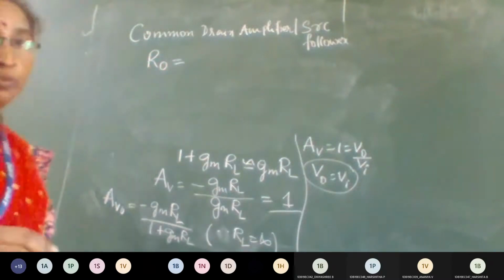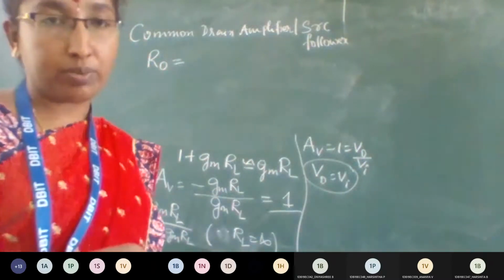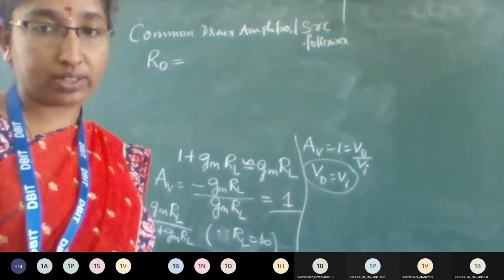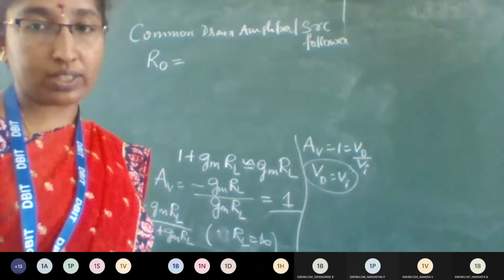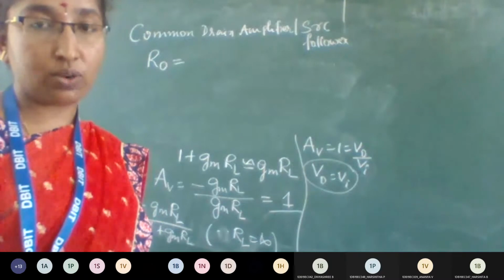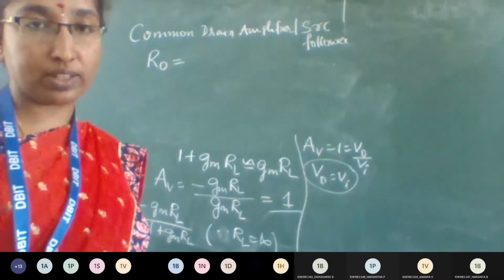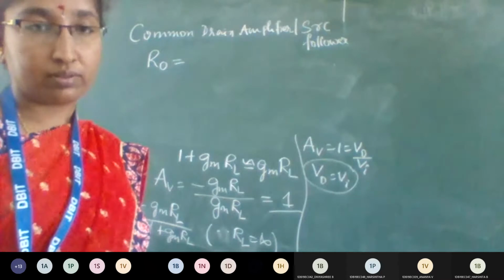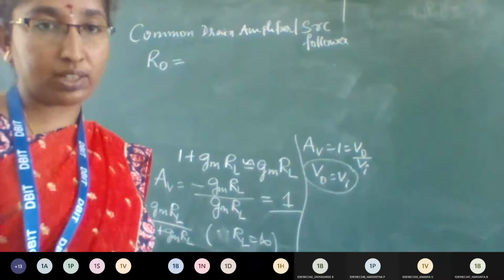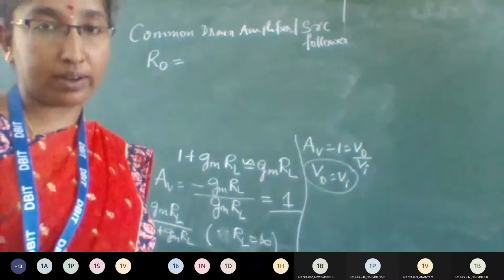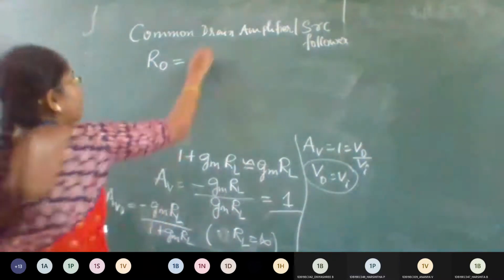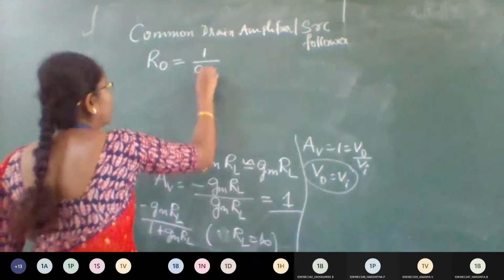Now, for the output resistance, excluding RL, you have only one resistor. Observe the resistance at the output terminal in the model excluding RL. Ma'am, 1 by Gm. So R naught is equal to 1 by Gm.